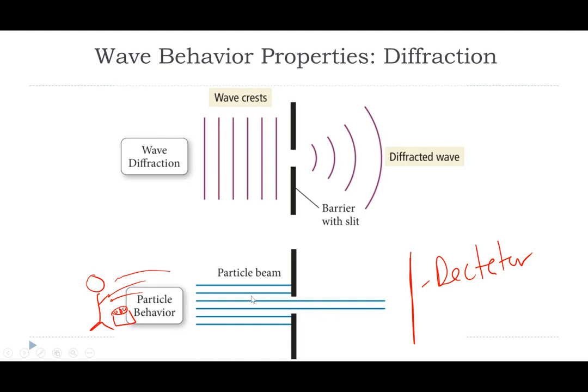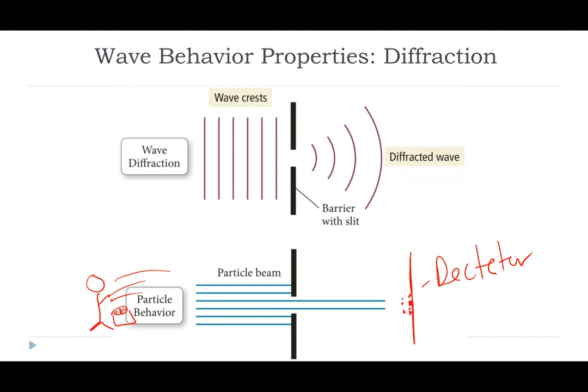One of two things is going to happen. I'm either going to hit the partition and the baseball is just going to simply fall back on the ground next to me. Or every once in a while, as I throw the baseballs, I'll actually make it through this hole, through this slit, and it'll hit the detector over here against the wall.